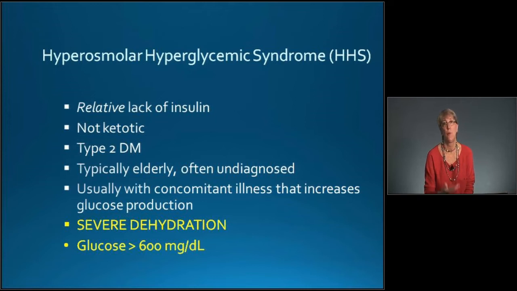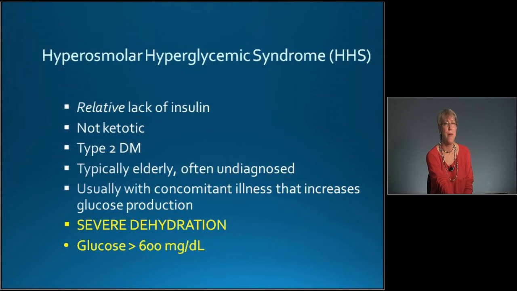And what set this off was another infection. They have an upper respiratory infection or a urinary tract infection, and this causes an increase in their glucose production. Okay, and it goes unchecked, and they develop severe dehydration. Their glucose is going to be greater than 600, but usually by the time they end up in the hospital with HHS, or HHNK as we used to call it, their glucose is 1,600 to 1,800.